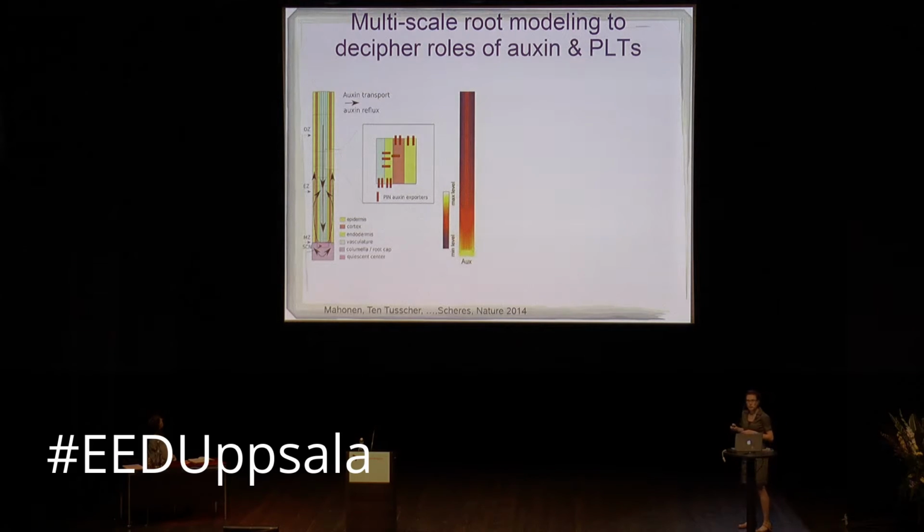So we put into these models that within cells there is production and degradation of auxin, there are some diffusion processes, but then there's also a lot of active transport. We have auxin passively coming into cells, actively coming into cells, but the main important thing is that when auxin is exported from a cell to the cell wall such that it can propagate to a new cell, that is being done by so-called PIN proteins.